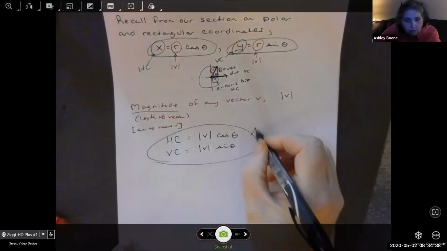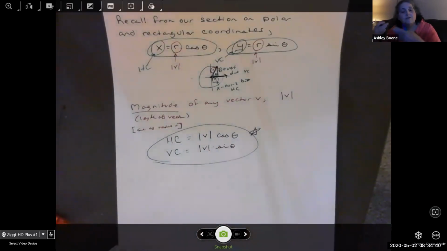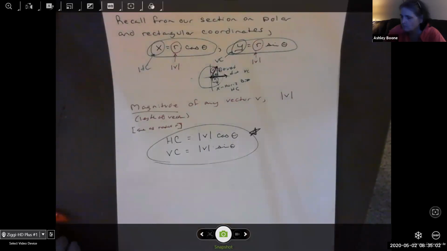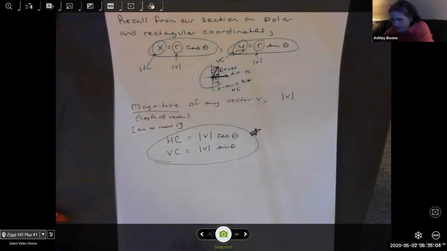These are always going to hold true. So if you know the magnitude, the length, and you have your central angle theta, you can find the horizontal and vertical components without knowing your endpoints absolutely every time. Same formulas that we used with polar coordinates. So put these in our toolbox. We're going to use them, okay? Keep that in mind.